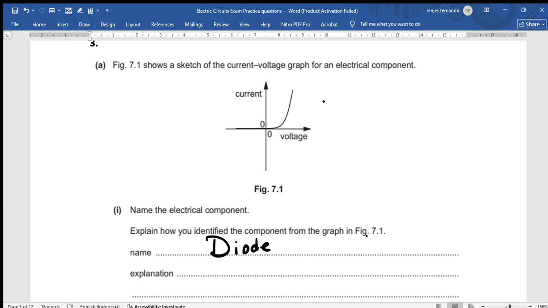Explanation: the current only flows in one direction, in one direction in a given voltage.